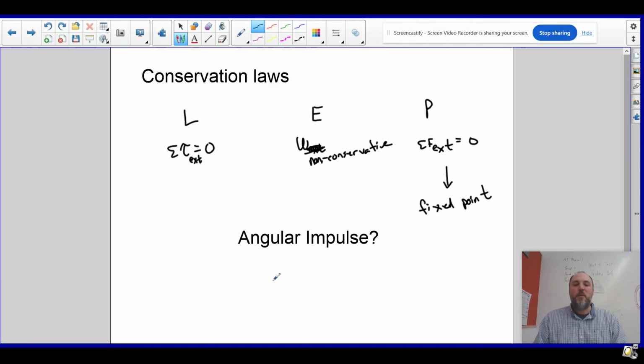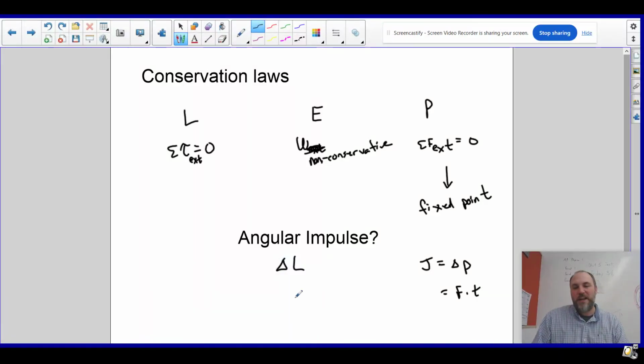Okay? The other thing I want to look at real quick is angular impulse. If an impulse is a change in linear momentum, then an angular impulse would be a change in angular momentum. And we know how we calculate impulse from linear momentum, that is just force times time, or the area beneath a force versus time graph.